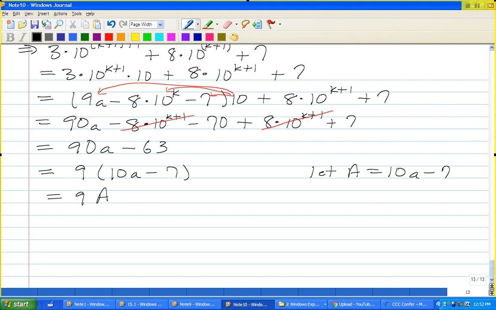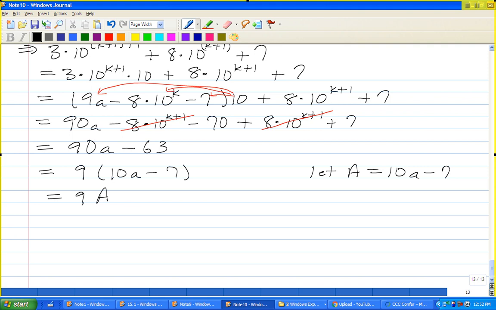Well, since a is a natural number, then 10a is a natural number, by again the closure property of multiplication for natural numbers.